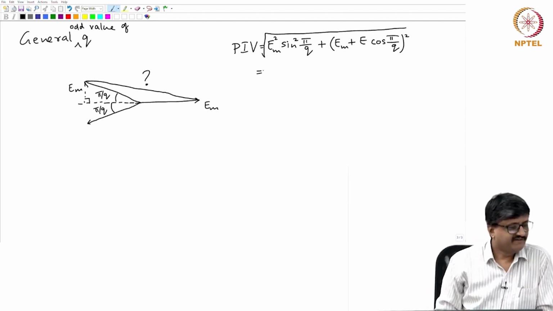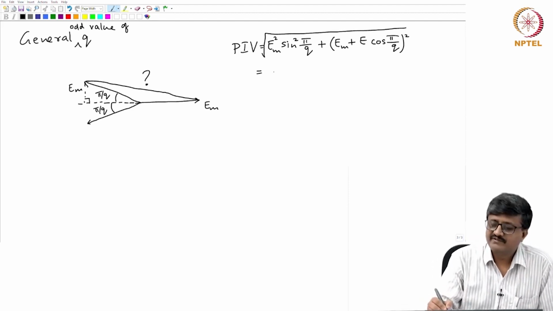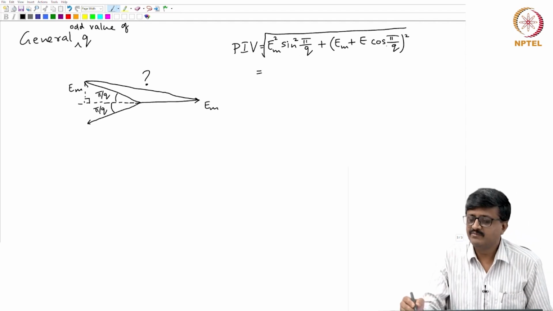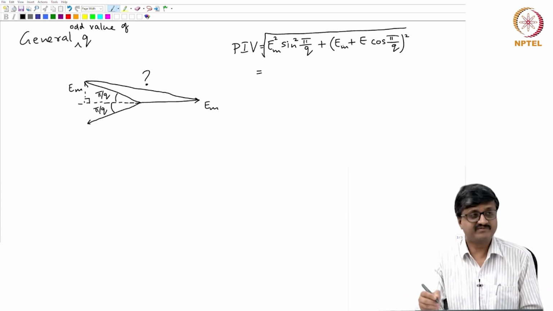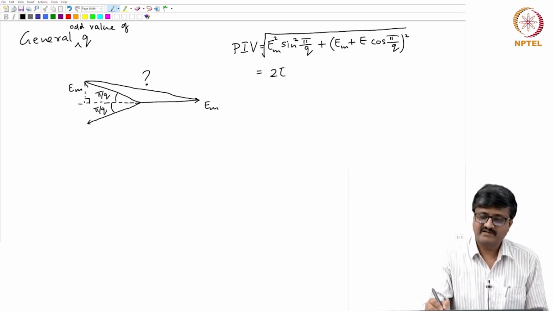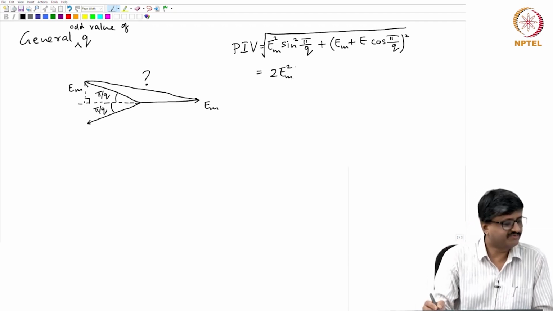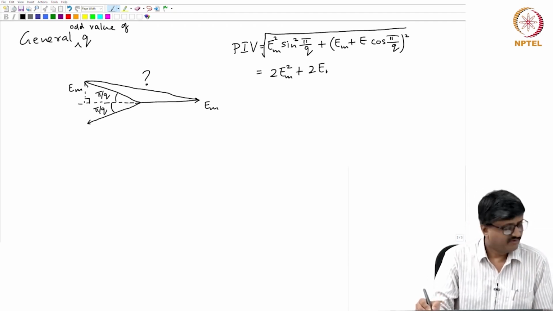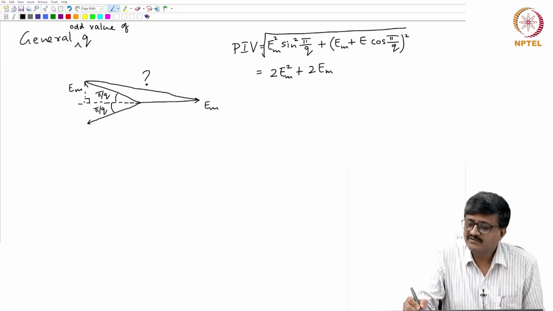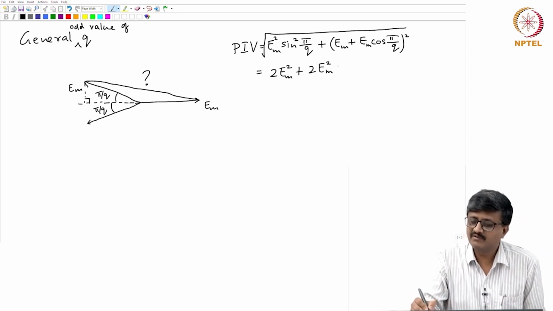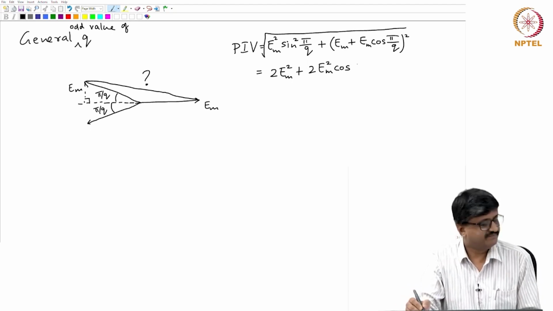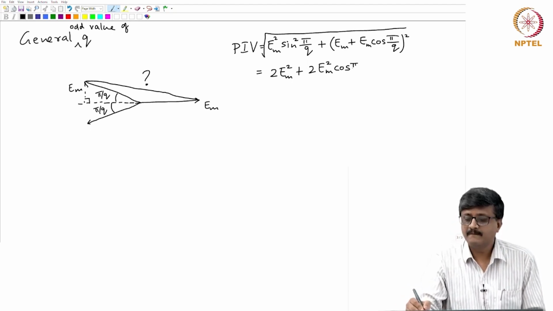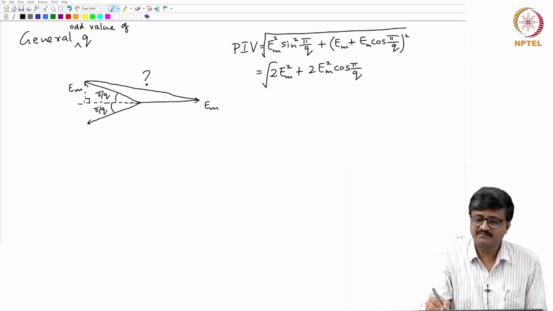So, this can be simplified. There is EM square sin square pi by Q and EM square cos square pi by Q and EM square as well. So, there is an EM square appearing twice. So, 2 EM square plus 2 EM square cos pi by Q, under root.